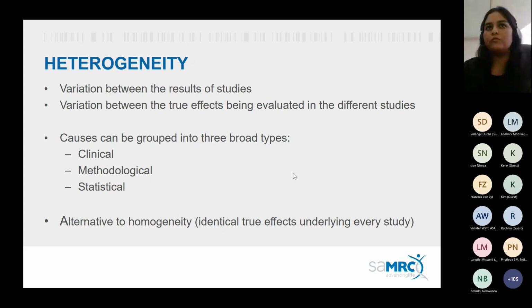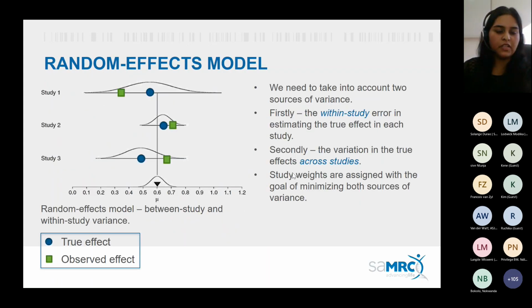Okay, so we'll never know the true effect, but we're trying to estimate the true effect. So in a random effects model, it's still a weighted average of the true effect. So in this example, we have different true effects, but a weighted average of it would be 0.6.